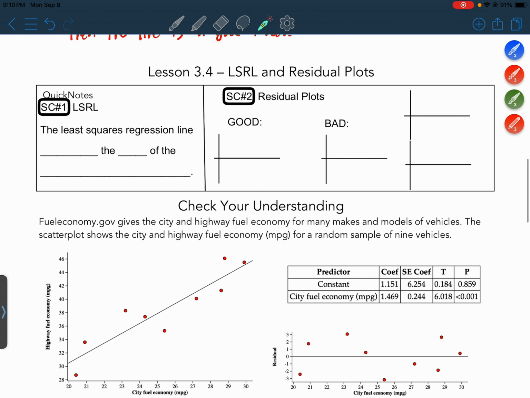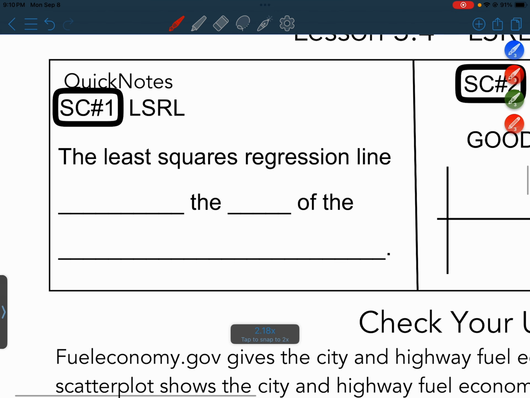Let's move on to the back page and we'll do a summary of the most important ideas, starting with that acronym LSRL, which stands for Least Squares Regression Line.